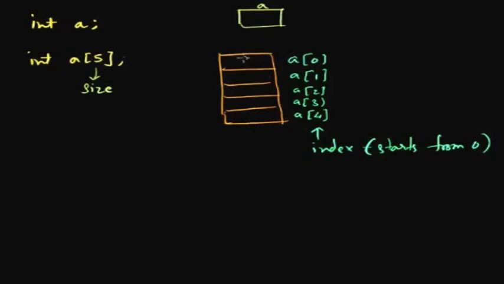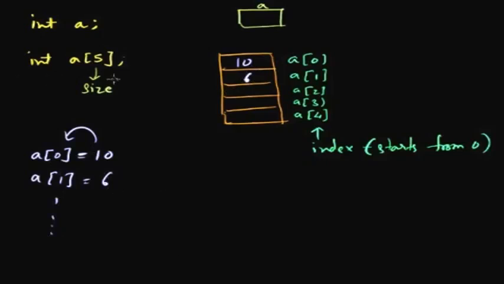Now how do you assign a value to each one of these elements of an array? So if you want to assign the value 10, you can easily guess now. We will do it like this: A[0] equals 10. So 10 gets stored into the 0th element. A[1] equals, if I say 6, so 6 will be stored here, and so on.